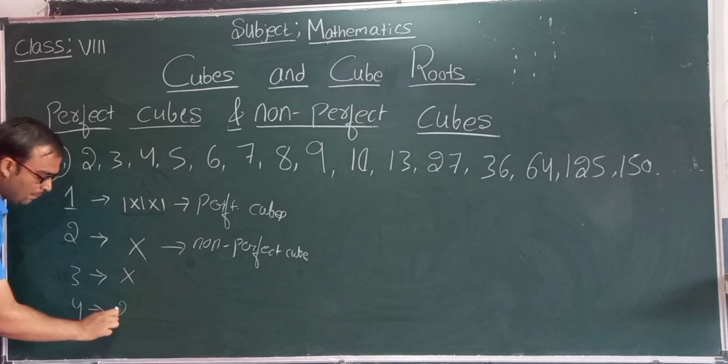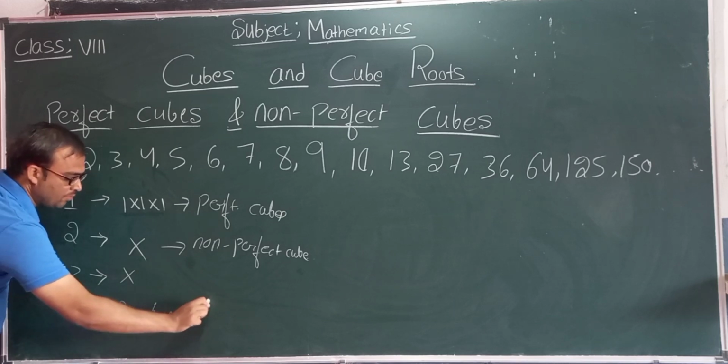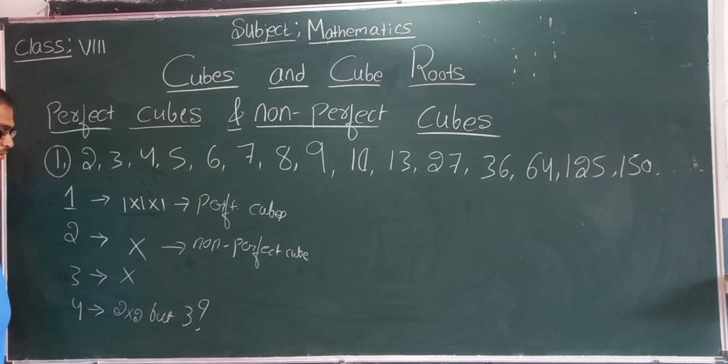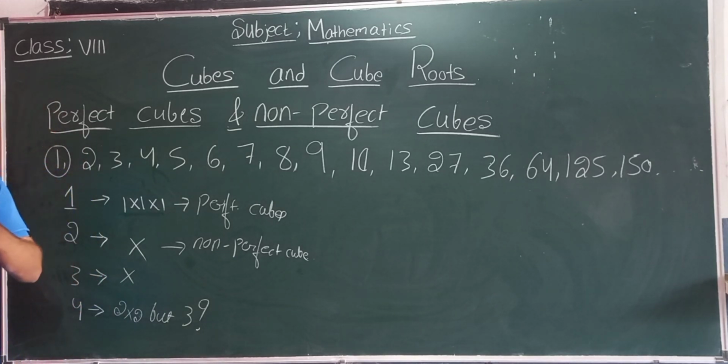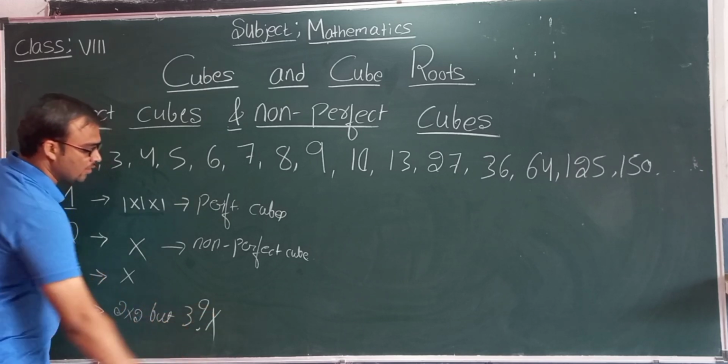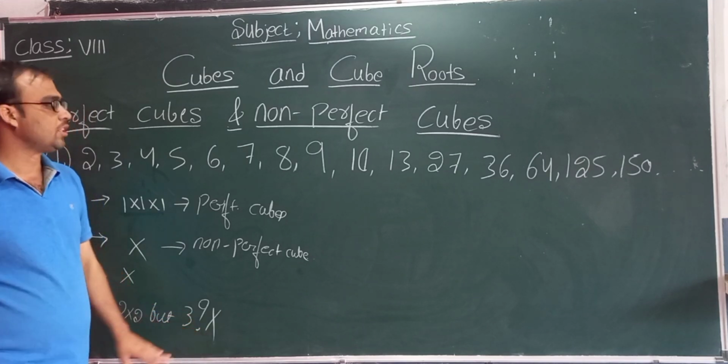No. When we multiply 2 two times, we are getting 4, but we should multiply 3 times. Here there is no such number, so this is a non-perfect cube.